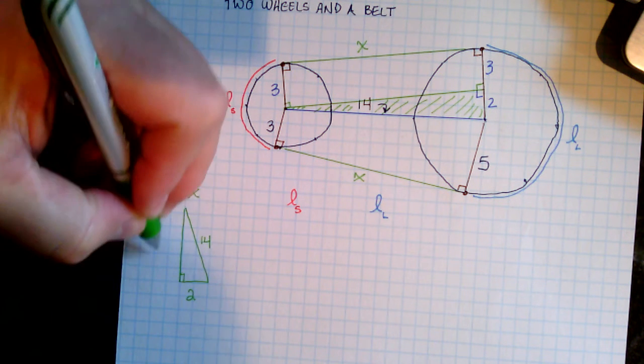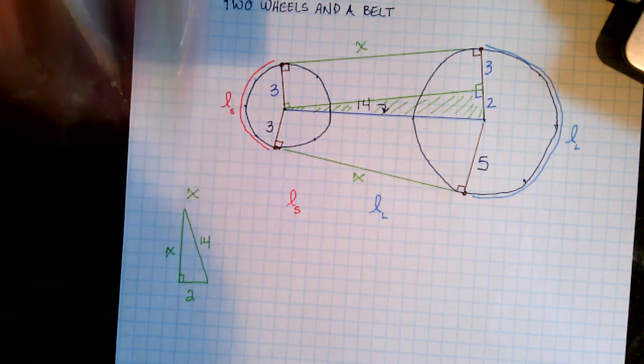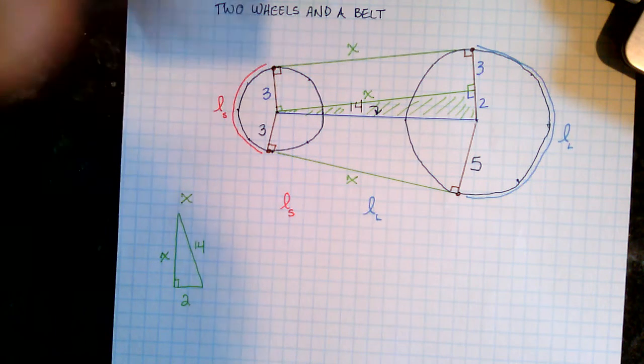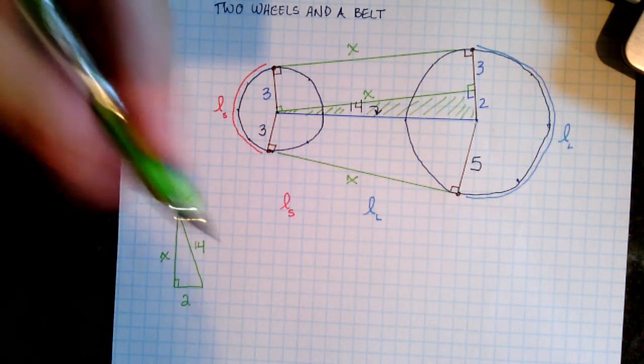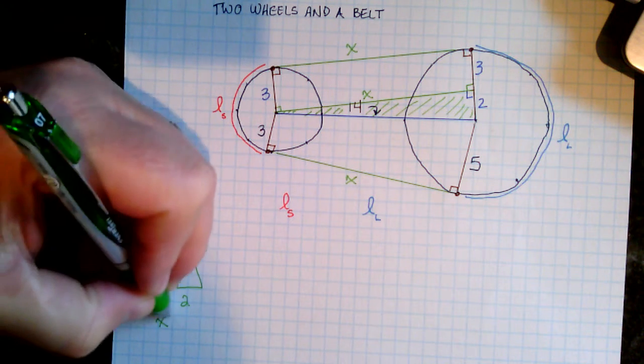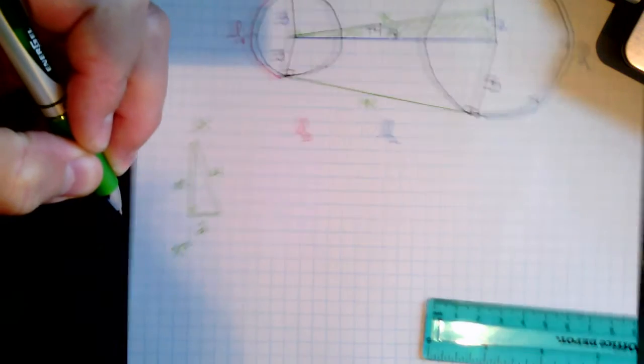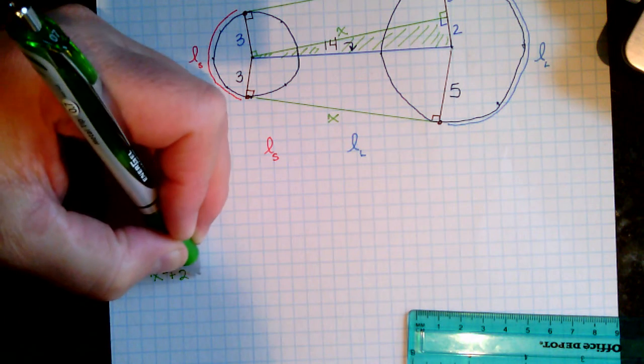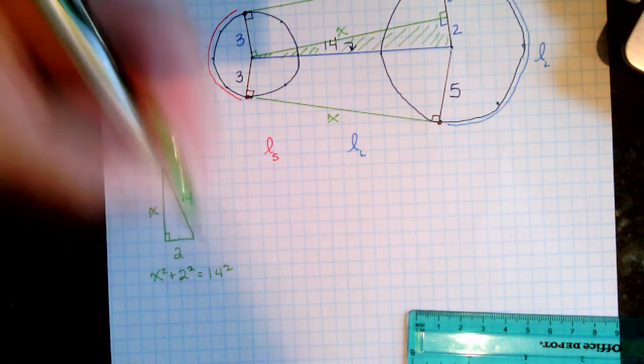To find X, which would be this side because opposite sides of a rectangle are congruent, I'm going to use the Pythagorean theorem. In other words, x squared plus 2 squared is equal to 14 squared.